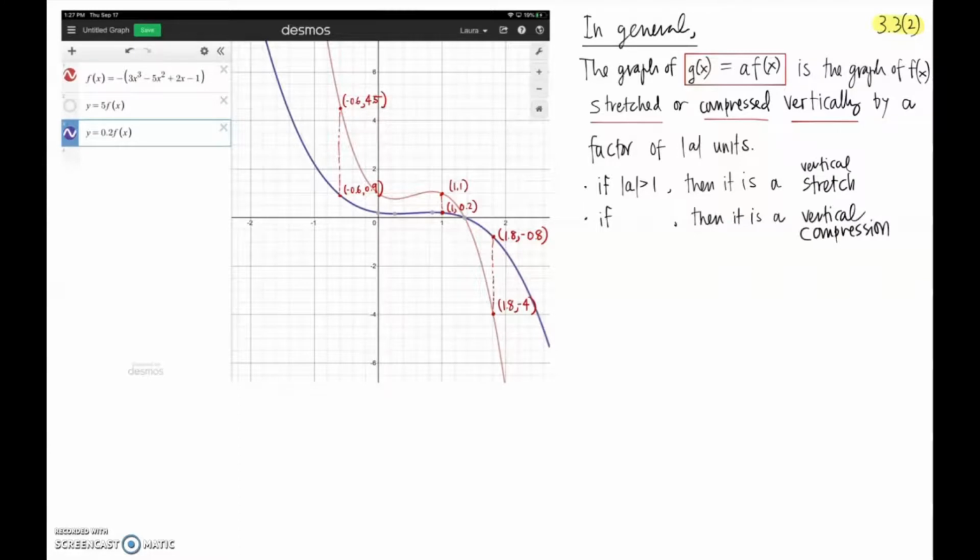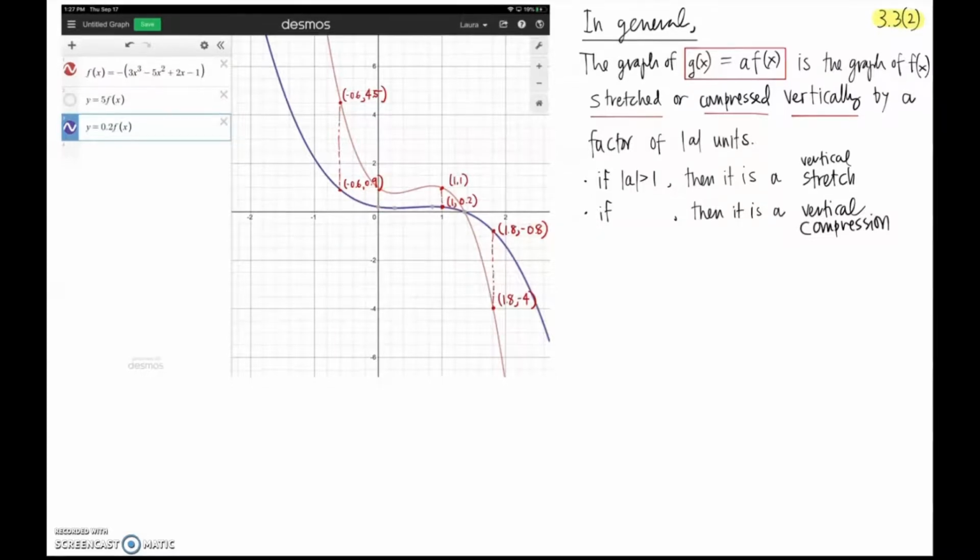And the other side of things, how do we make it a vertical compression? This one was a compression. Everything got smushed down closer to that horizontal axis. A vertical compression will take everything and smush it down by a factor towards that horizontal axis. And the condition that makes it a compression instead of a stretch is if the absolute value of a is smaller than 1.